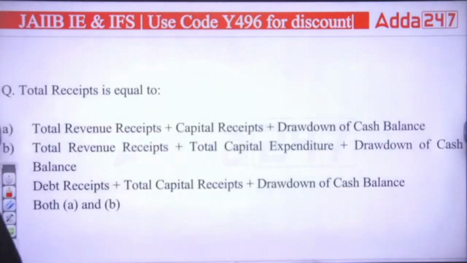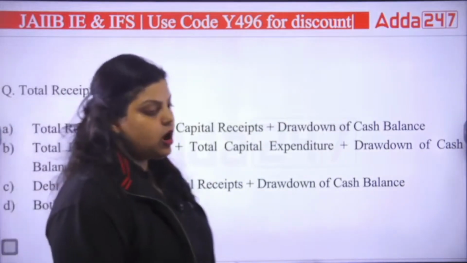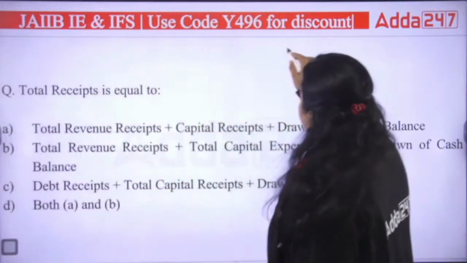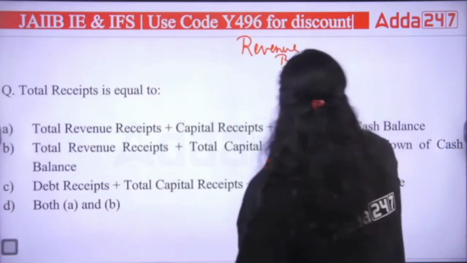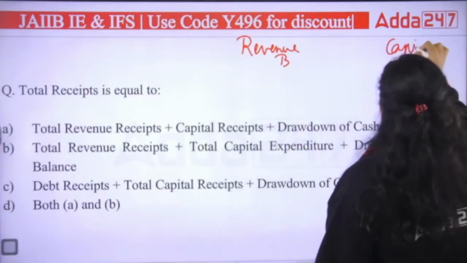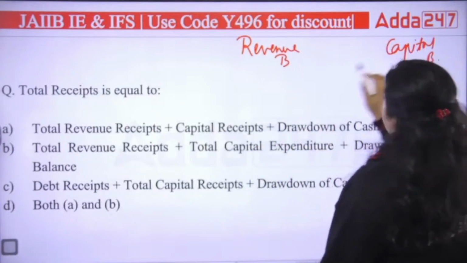Now the question is asking: total receipts equals what? Receipts means the earning. The budget has two components. First is the revenue budget, the day-to-day budget of the government of India. Second is the capital budget, the long-term budget of the government of India.